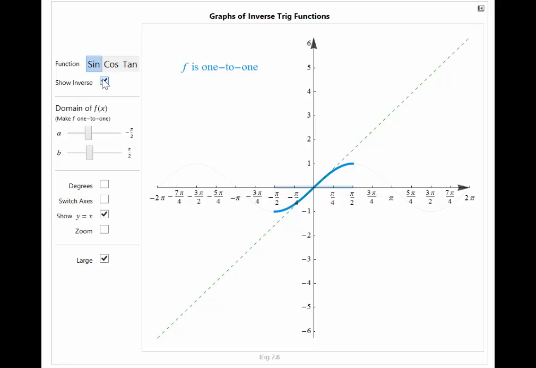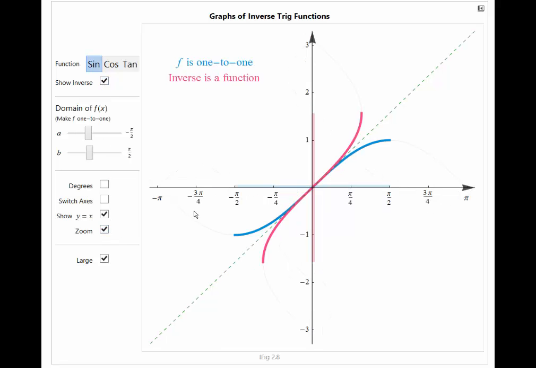Now when we look at the inverse, we see that the inverse is a function. Let's zoom in a little bit. So here is the graph of f in blue and the graph of the inverse. And we see that the input for the inverse function would be from negative 1 to 1.